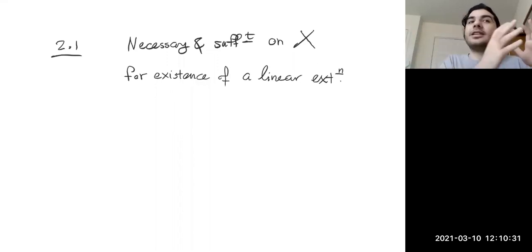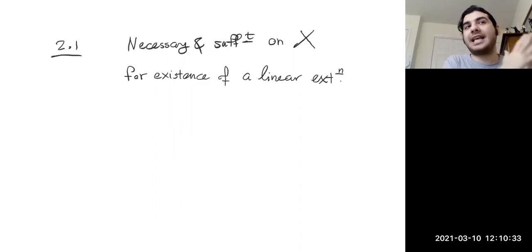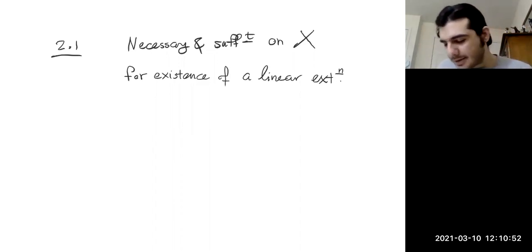It's not asking for a necessary condition and a sufficient condition separately. It's asking for a condition which is both necessary and sufficient. So we are looking for one answer, first of all.